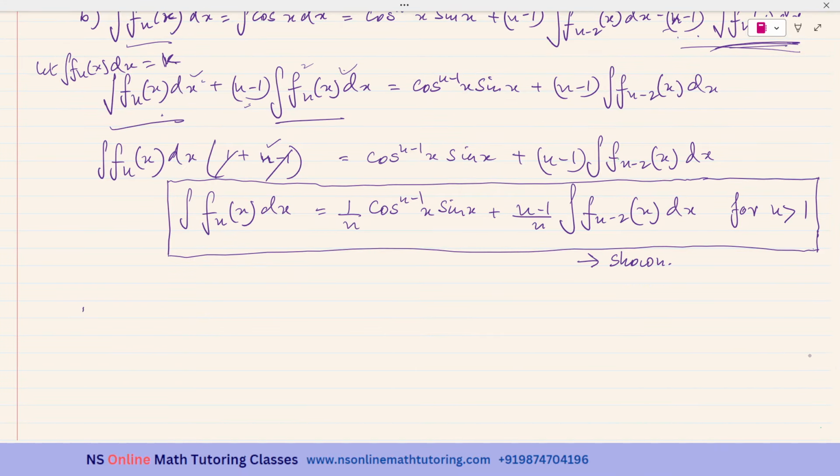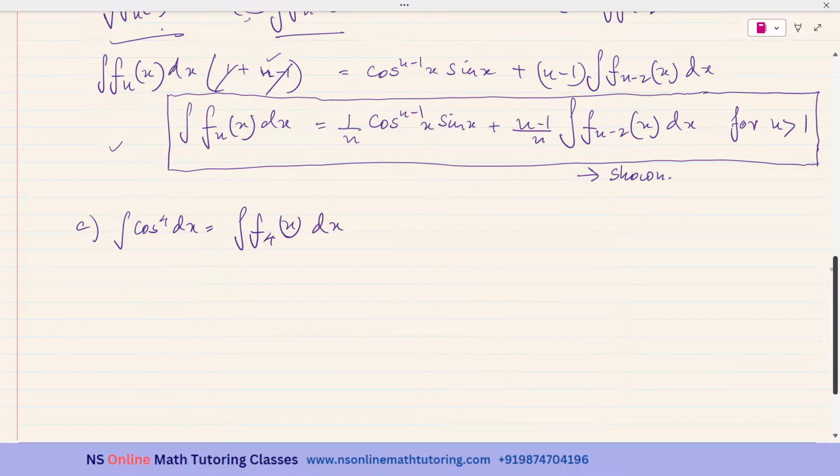So subpart C, let me write this. This is equal to f4 x dx. And then we can use this expression. So therefore, the integral of cos^4 x dx will be equal to, n is equal to 4.